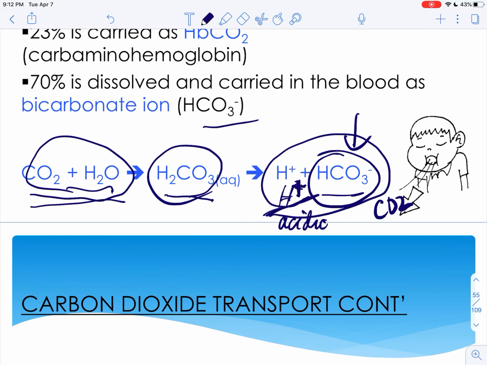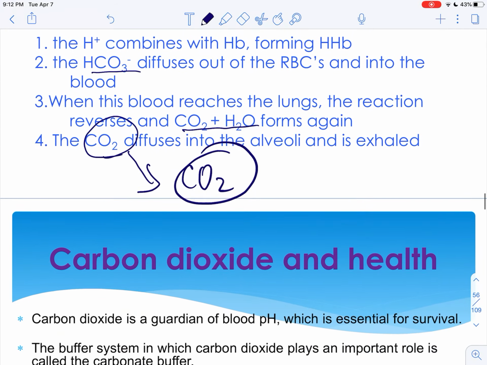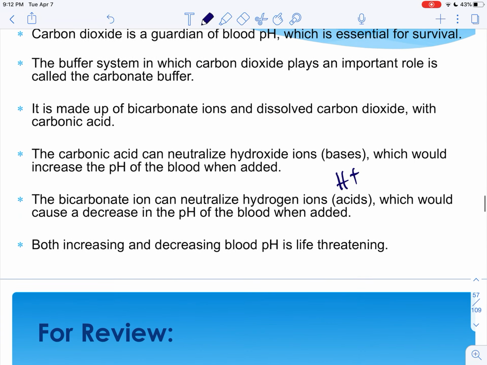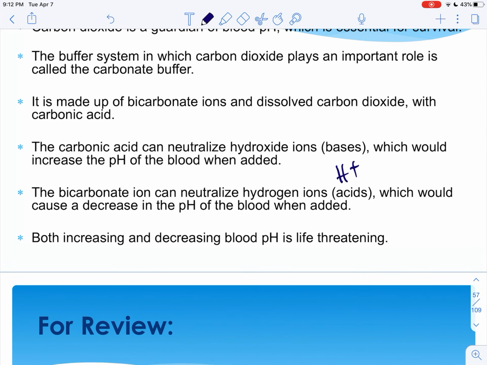If you have less hydrogen ions, you can help the body pH be more basic. So this is just a way that the pH is maintained in homeostasis, using that reaction. You don't want the pH too high or too low. Typical pH of the blood is around 7.2, just over basic pH.